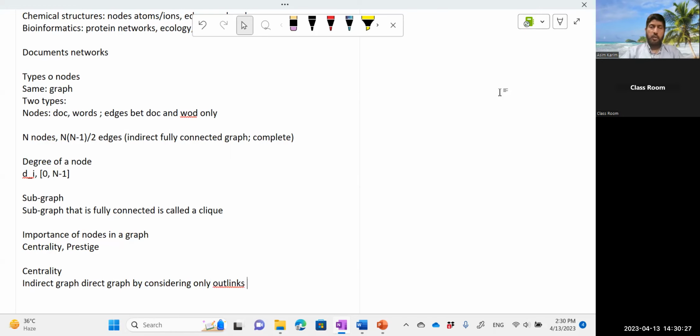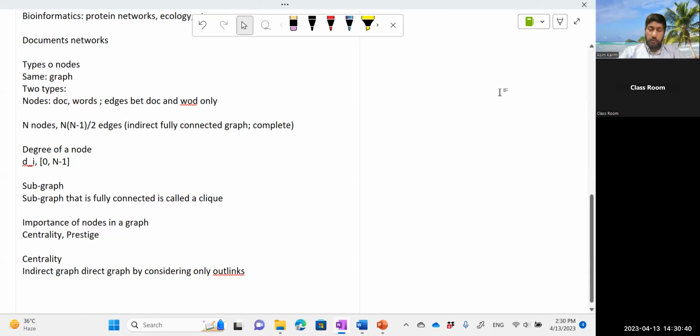So this notion of centrality does not consider inlinks. If you talk about a particular node, we consider only the links going out from it, not the incoming links. There are three notions here. Let's go over them one by one.